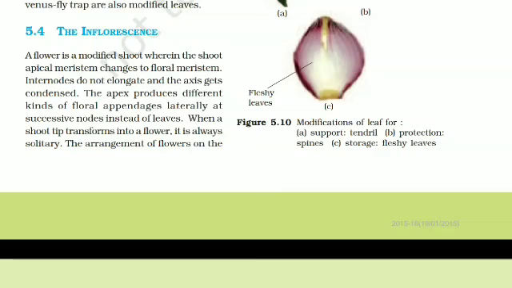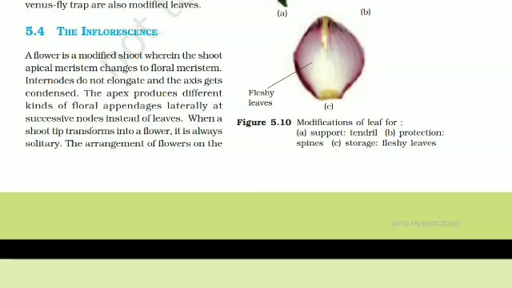The apex of the shoot produces different kinds of floral appendages laterally at successive nodes instead of leaves. That means where the leaves have to appear, the floral appendages appear. When a shoot tip transforms into a flower, it is always solitary. That means it is single.